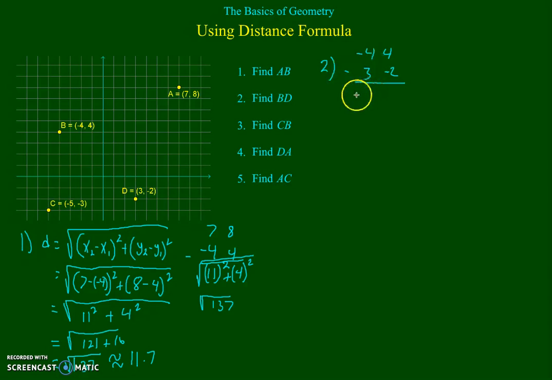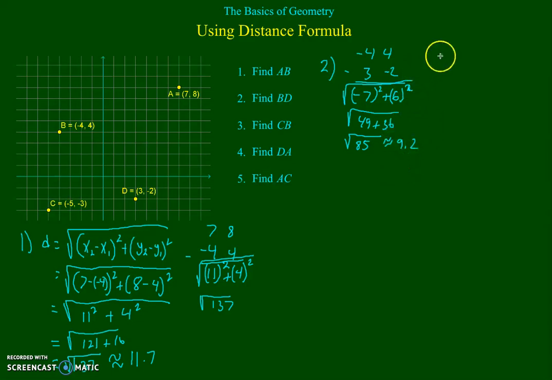Negative 4 minus 3, negative 7. 4 minus negative 2 is 4 plus 2, 6. Square, add, square root. This is the square root of 49 plus 36, which is square root of 85, which is approximately 9.2.